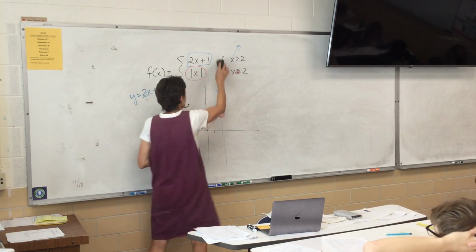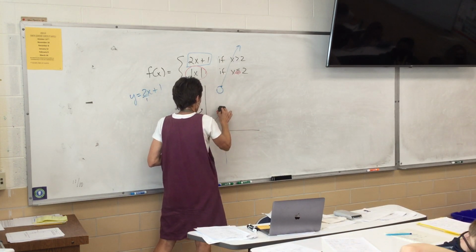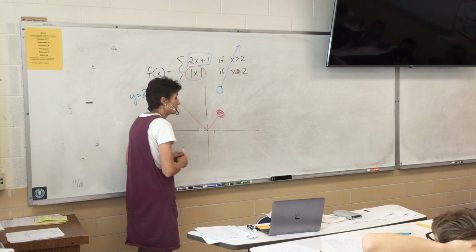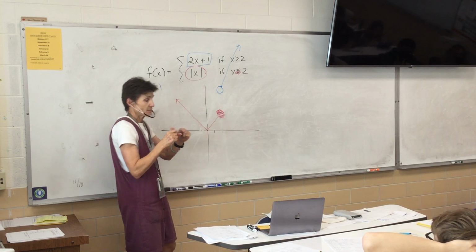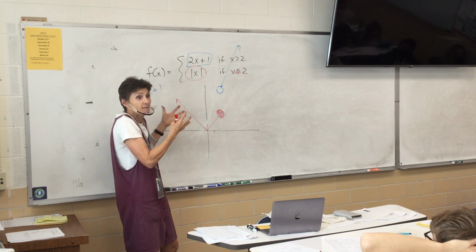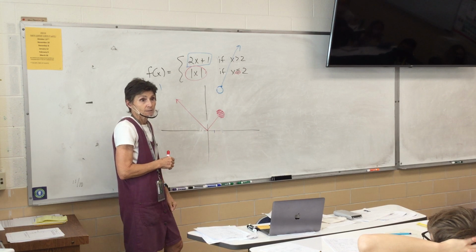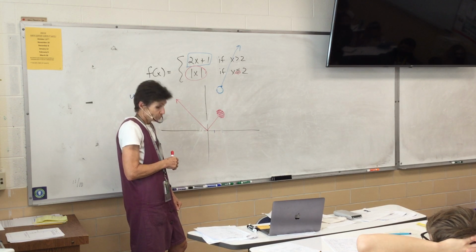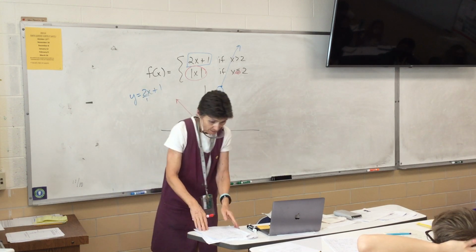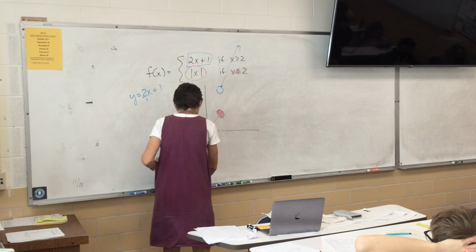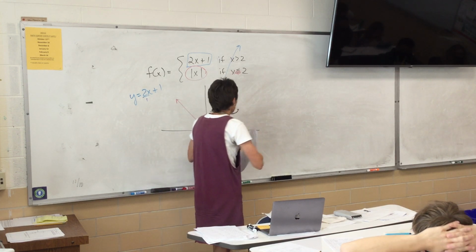Now, if you want to take out your squiggly line and your asymptote, you can, you don't have to, but there it is. It's called a piecewise function because it's literally in pieces. Now the rest of this part is easy because we just practiced it.